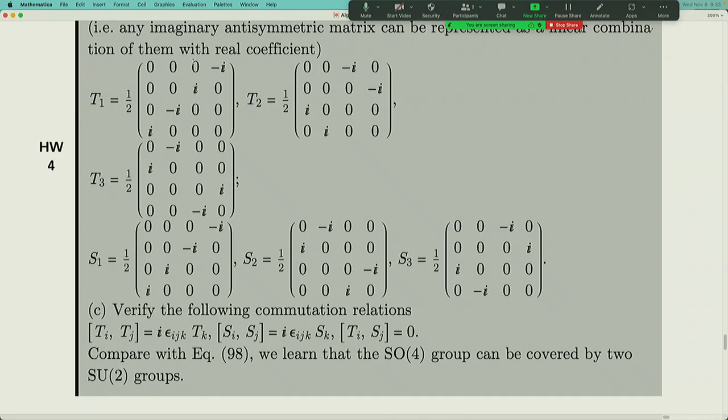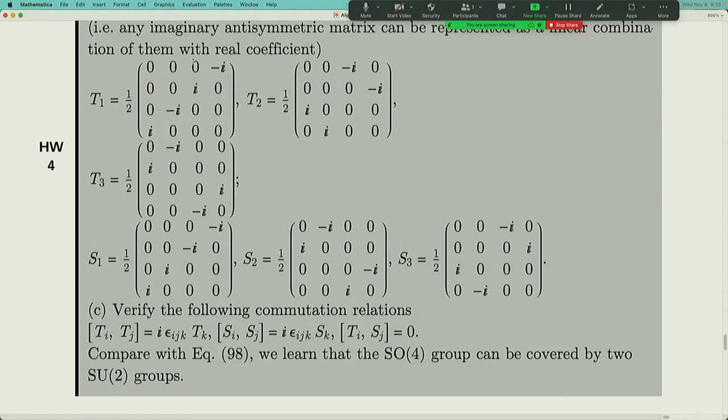And these generators, just like spin operators that generate rotation, these 6 different generators generate SO(4) rotation. And just like spin operators or angular momentum operators, they also have commutation relations. The commutation relations among them are basically like 2 sets of spins.